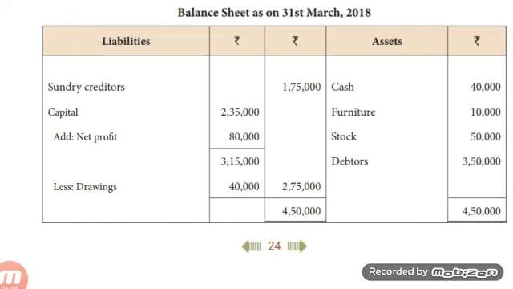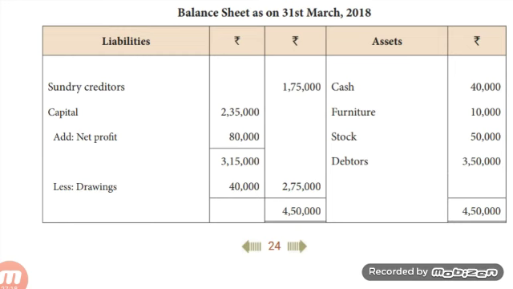Children, by finding the balance, you will get the tally balance. That means you will get capital and liabilities equal to assets. You have total liabilities and capital 4,50,000, and total assets 4,50,000. That means the balance sheet is a statement that shows equal balance.